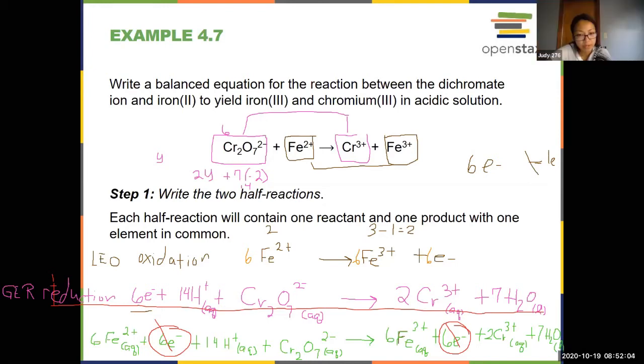Like how you wrote it out, you have the reduction first and then the oxidation. No, it doesn't matter. Oh, okay. Okay, so then your final equation, I'll write up top.